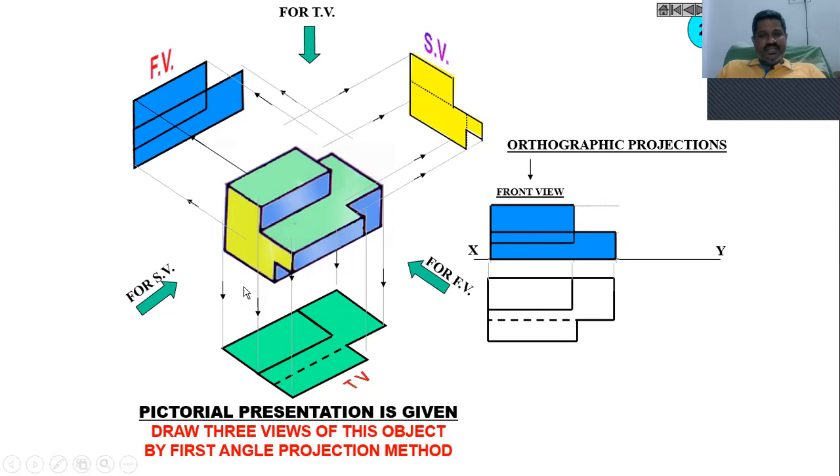Similarly, in the case of the first angle projection, you have the left side view. This left side view will come to the right side, and will be projected on the perspective plane. So this comes to the right side of this block. This will become your top, and we are looking at this component from the left side, so the view will come to the right side like this.